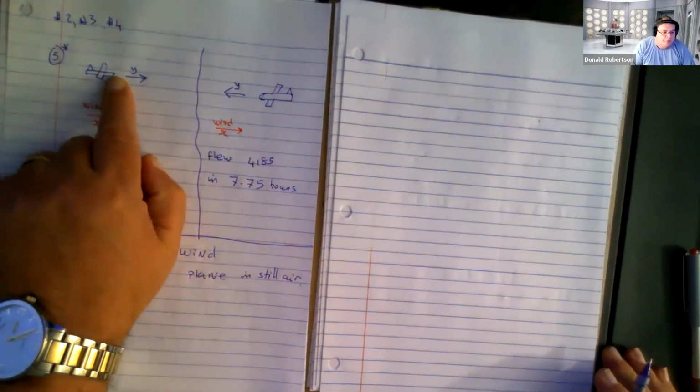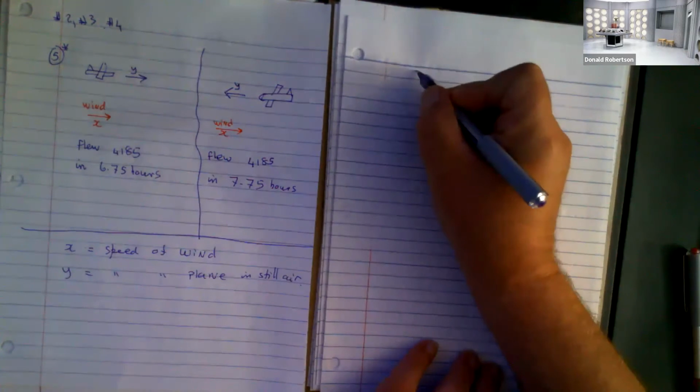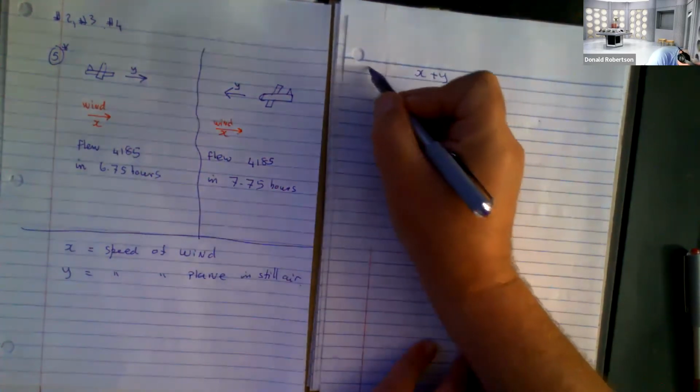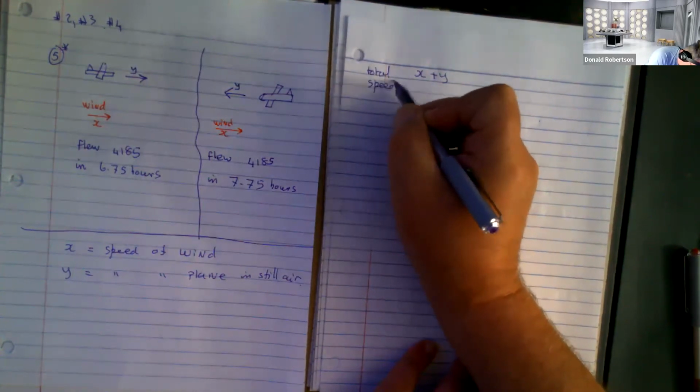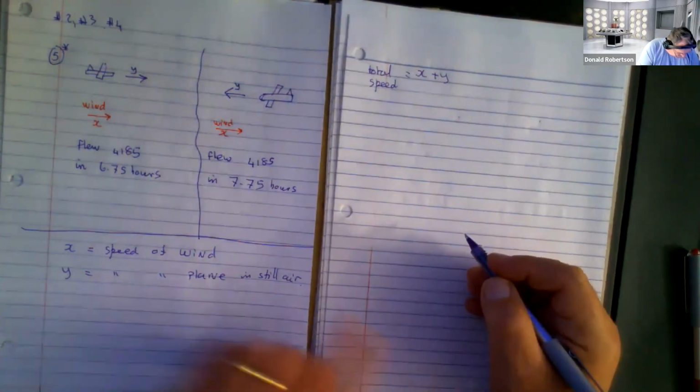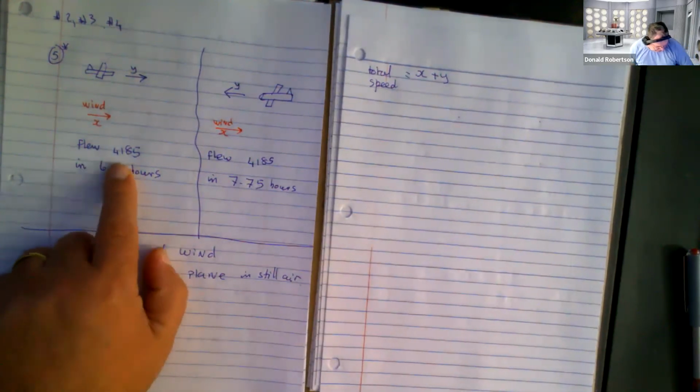When you're flying with the wind, your total speed is X add Y. That's your total speed. And you flew that distance in that number of hours.